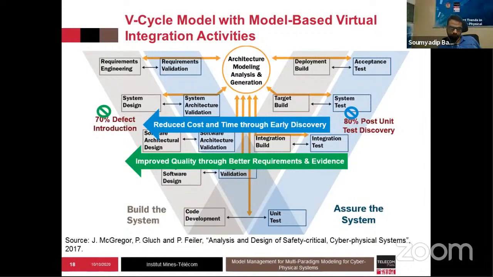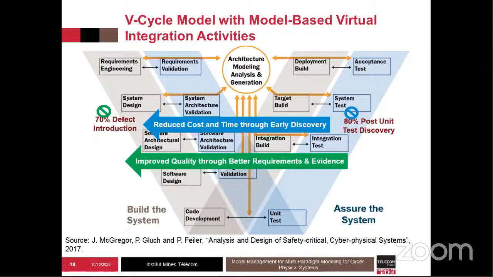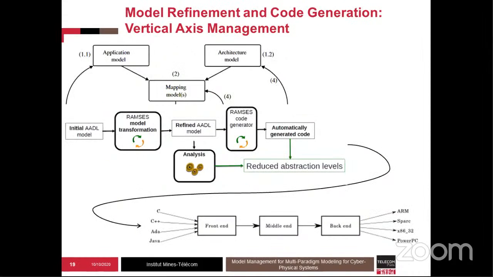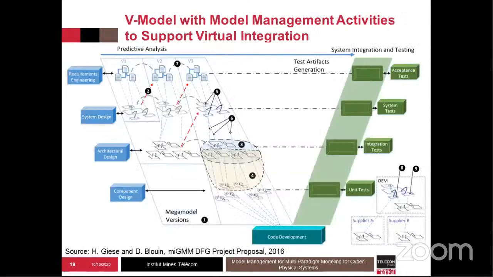Yeah. Okay, so if you go to slide 20 or so, where you have been speaking about versions at the same level. Ah, yeah, here, that's the model management activities.